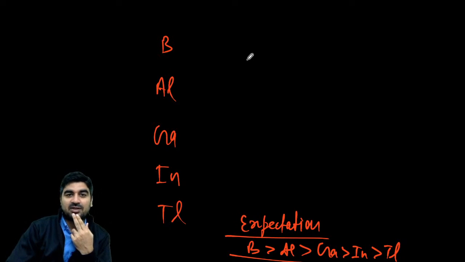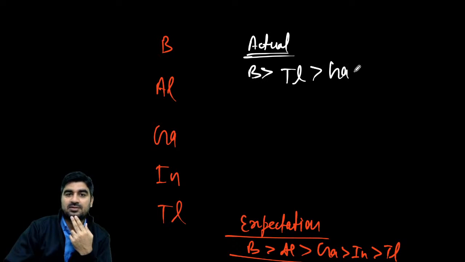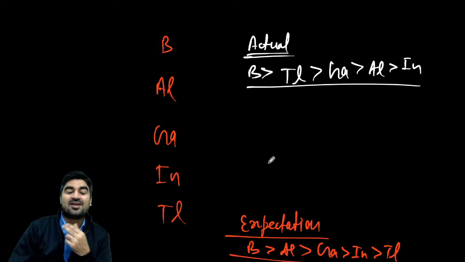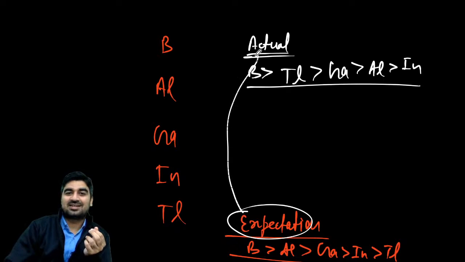Now I will tell you, the actual order is B, and then we have Tl, then Ga, aluminium, and indium. So this is expectation and this is reality.